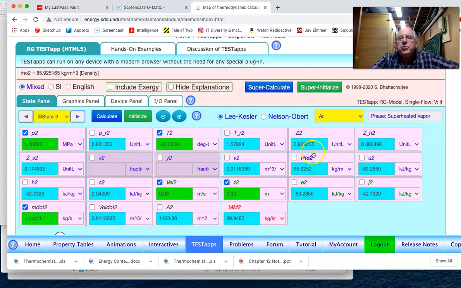Our state 2 is about 6% below the ideal gas behavior at a compressibility of about 0.94. And so we're going to see a 4 or 5% decrease in the work developed because of it not being the same as an ideal gas.